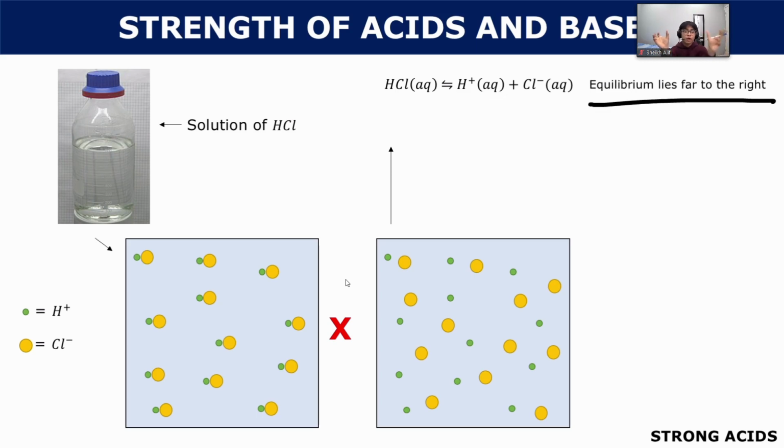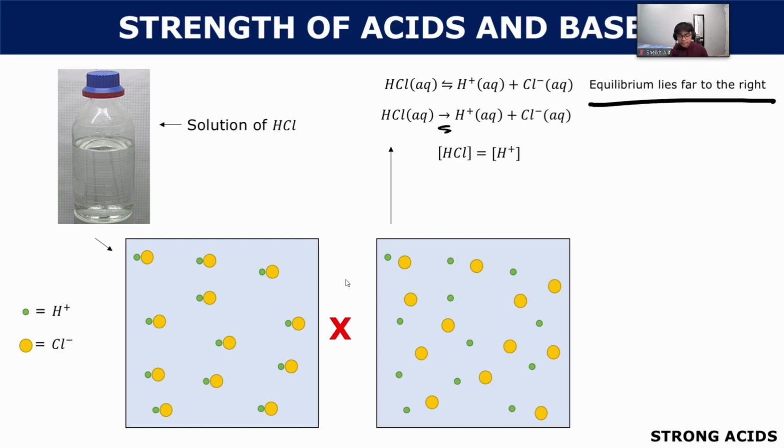If you have more products than reactants, equilibrium is going to lie to the right. So if equilibrium lies far to the right, we're going to have a lot more products than reactants. In this case, maybe a bit of your products react back into reactants, but in general, it's going to be mostly reactants turning into products. And that's why we use a forward reaction to depict many of these strong acids and bases dissociating.